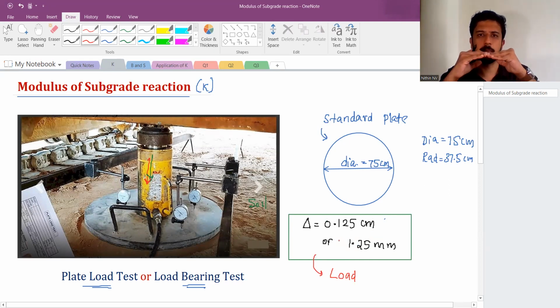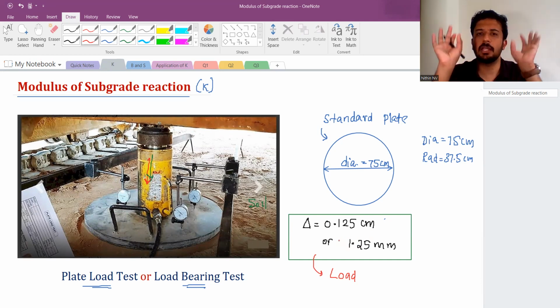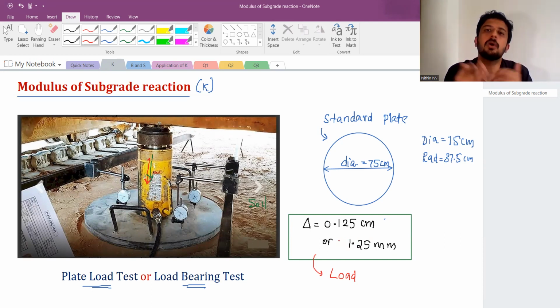Initially, it is at the normal original position. The load is 0. As you're slightly increasing the load, deflection also will be increasing, right? Because it is going down right now. So as the load increases, deflection also will be increasing. Now, whenever the deflection becomes equal to 0.125 centimeter, or I can say 1.25 millimeter, that particular load we are going to note down.